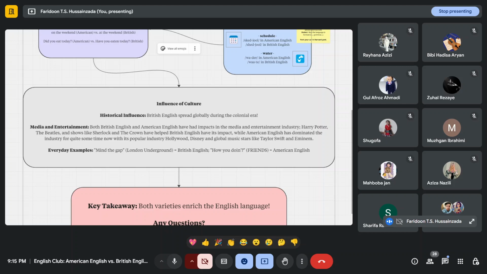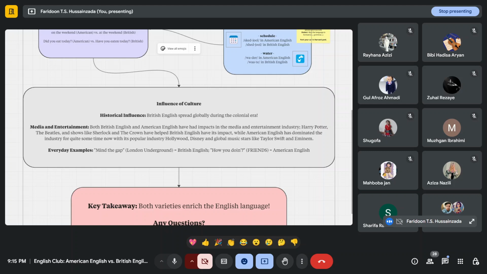The colonial era, if you're a history buff, you know, was the time of colonization, where the British, I mean the government, went and tried to conquer the world. They went to every country. They went to India.